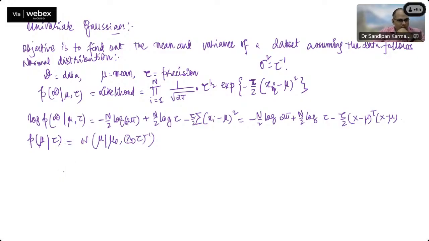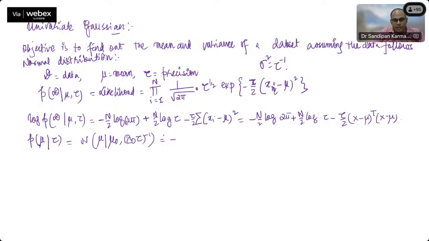As tau is precision, I'm taking its inverse, and lambda naught I'm also taking as the precision of mu. That's why this lambda naught is also inverse. Now, is it a multivariate case or a single univariate case?